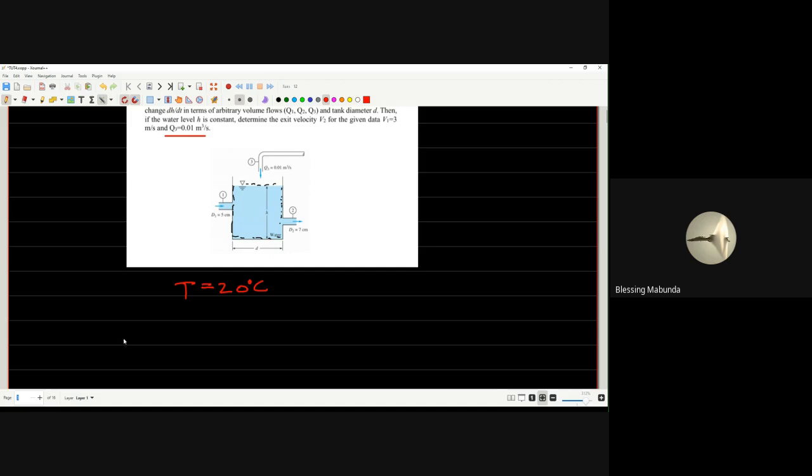So quite simply, let's consider d/dt of the integral of rho dV.